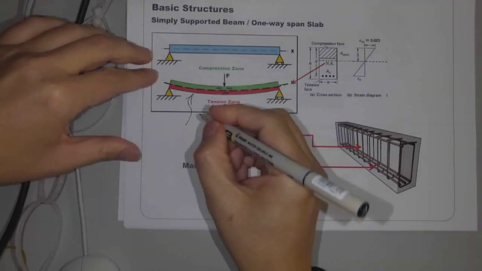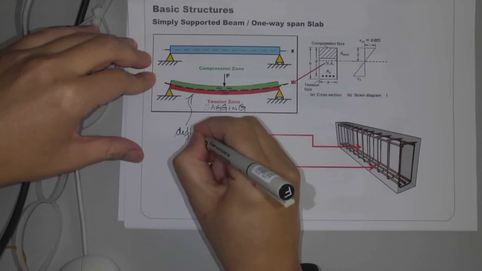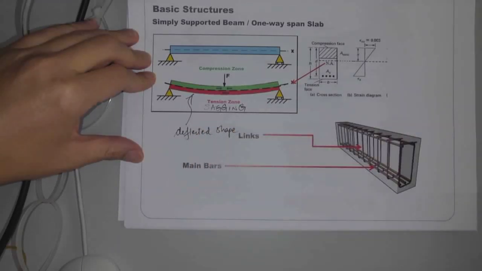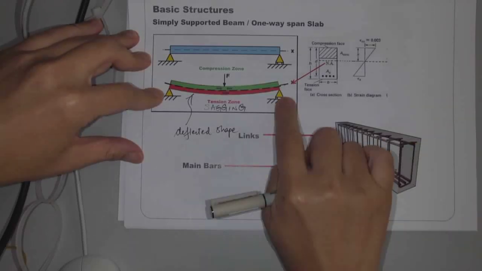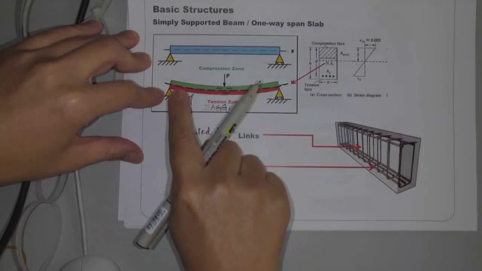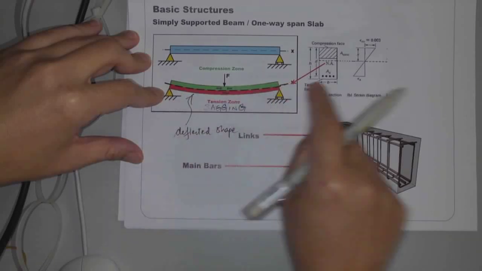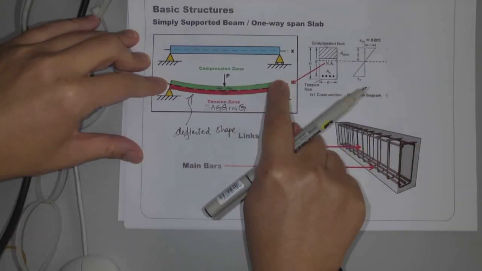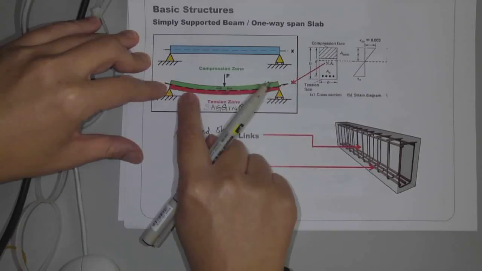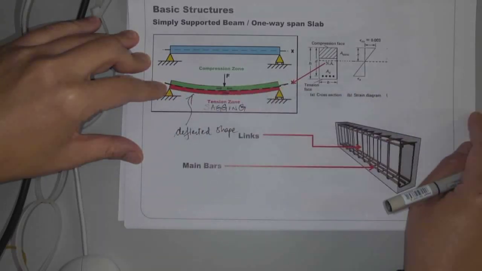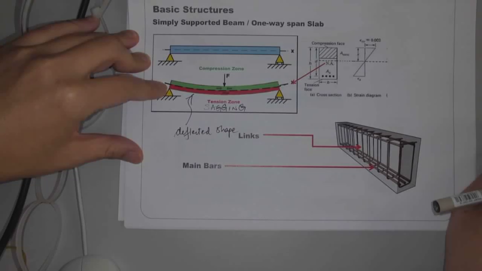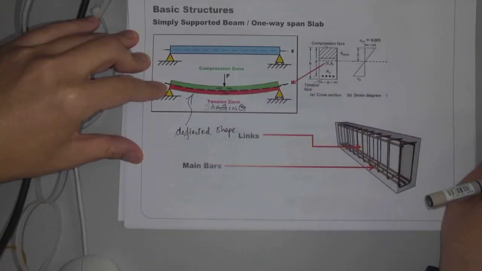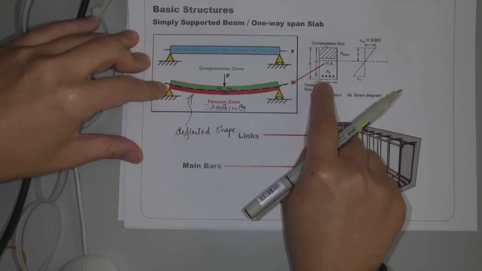So this is the deflected shape. Two supports. So sagging means the top half compression, bottom half tension. That's the cross section. And that's why you put reinforcement at the bottom, to take out the tension.